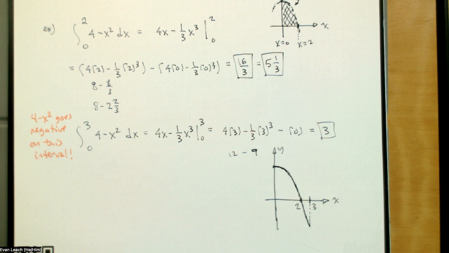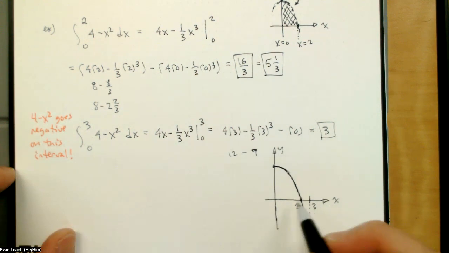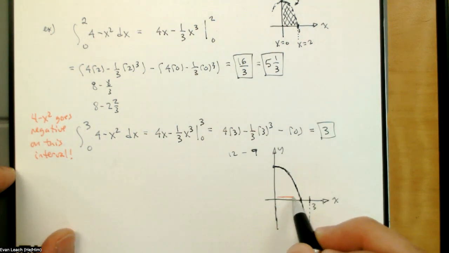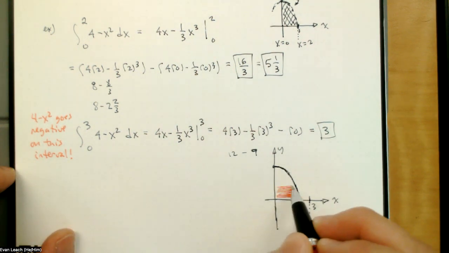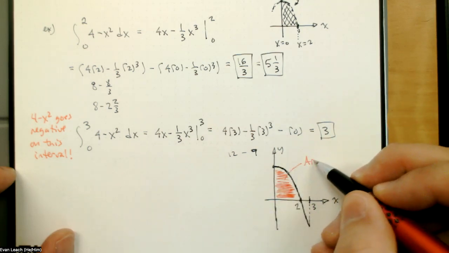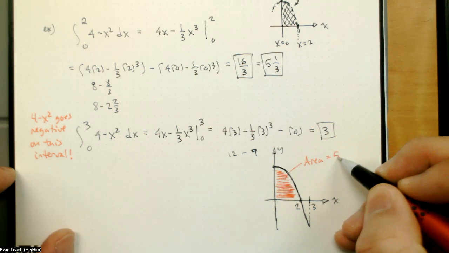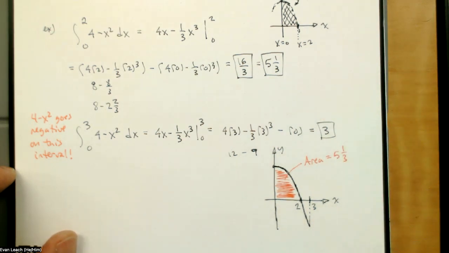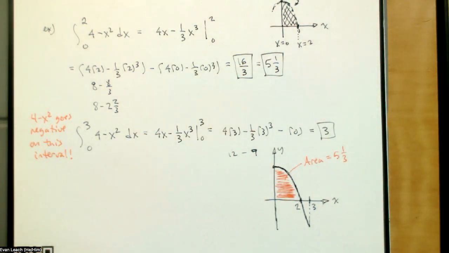What would you say is going on here? From the previous example, the amount of area from 0 to 2 is 5 1/3. But the definite integral from 0 to 3 is only 3. So what happened?